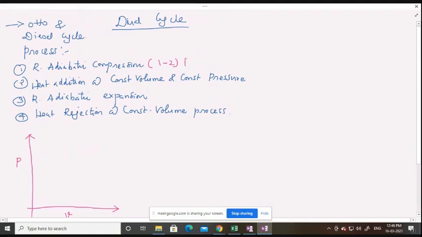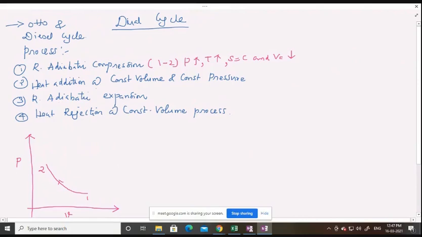Pressure increases because of compression, and pressure is directly proportional to temperature, so temperature also increases. Because it is an isentropic process, entropy is constant, and volume decreases during compression. So pressure increases and volume decreases.